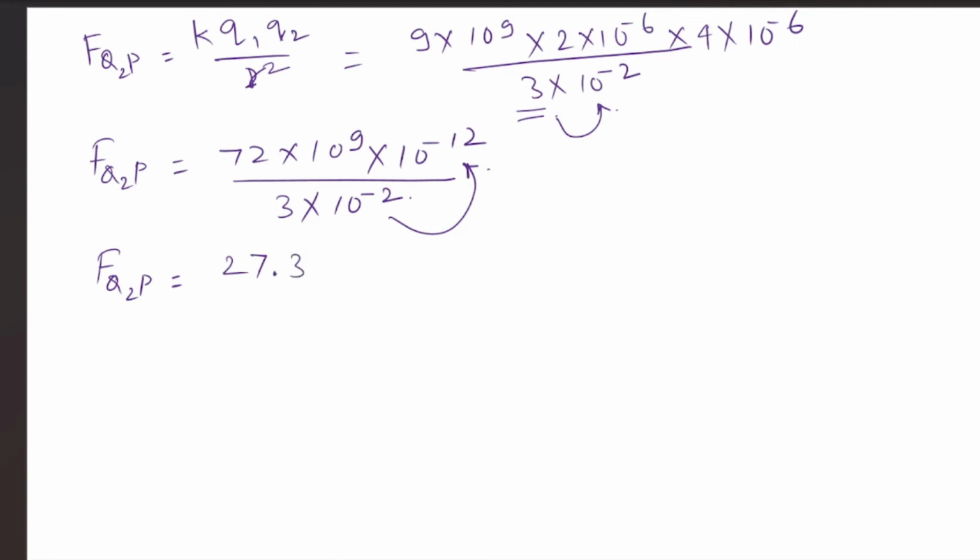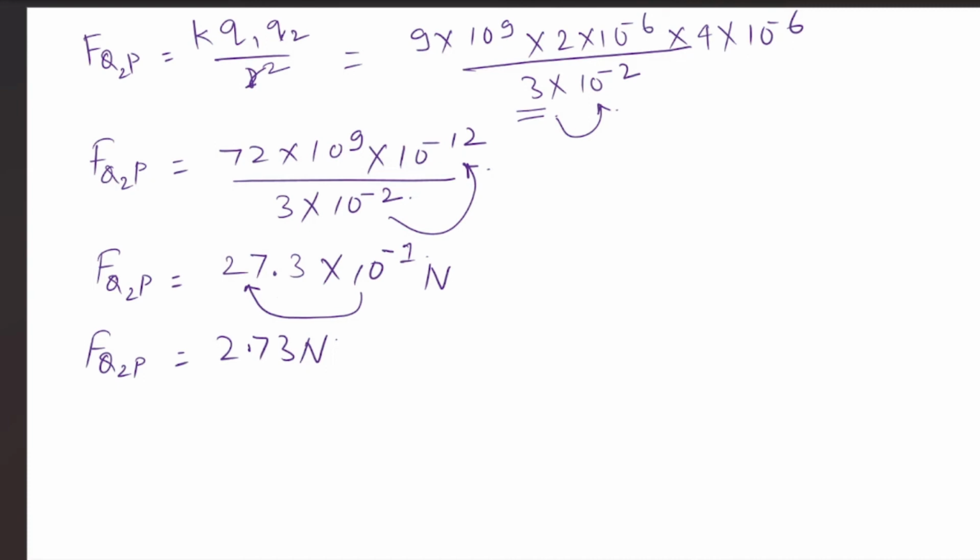I will just write 27.3 into 10 power 9, 10 power minus 10, and this will be left just with minus 1, and it's in Newton. So I can write F Q2P is equal to 2.73 Newton, right? Because this 10 power minus 1 will shift the decimal towards the left side.